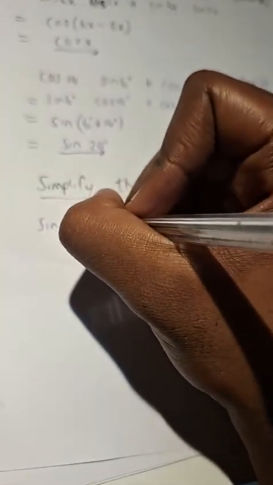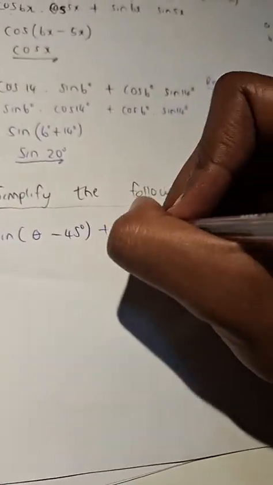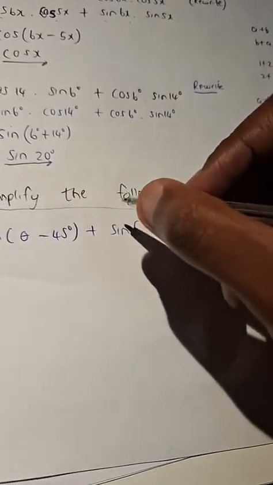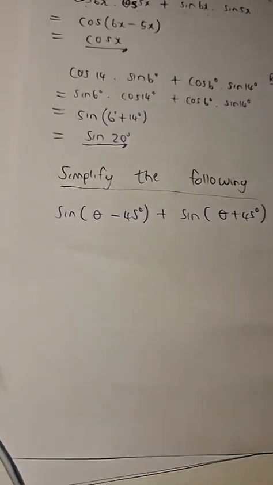So let's say, for instance, we are given sine of theta minus 45 degrees plus sine of theta plus 45 degrees.